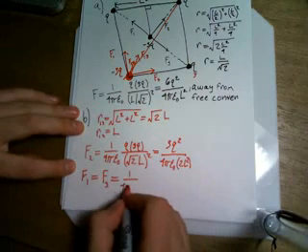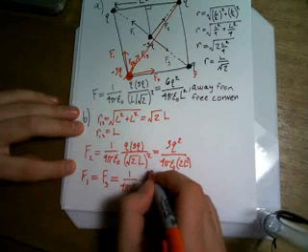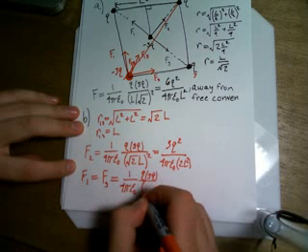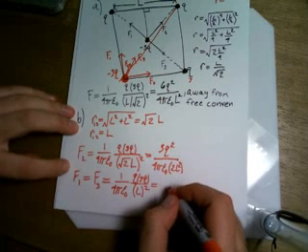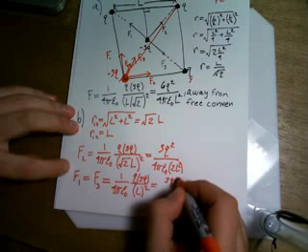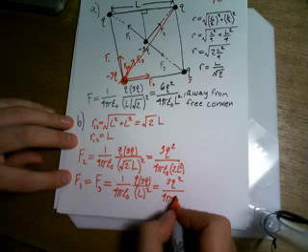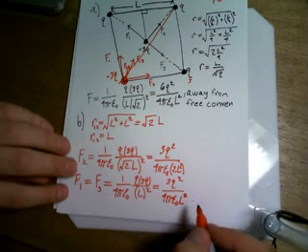And we end up with 1 over 4 pi epsilon naught times Q times 3Q over L squared, and that equals 3Q squared over 4 pi epsilon naught L squared.